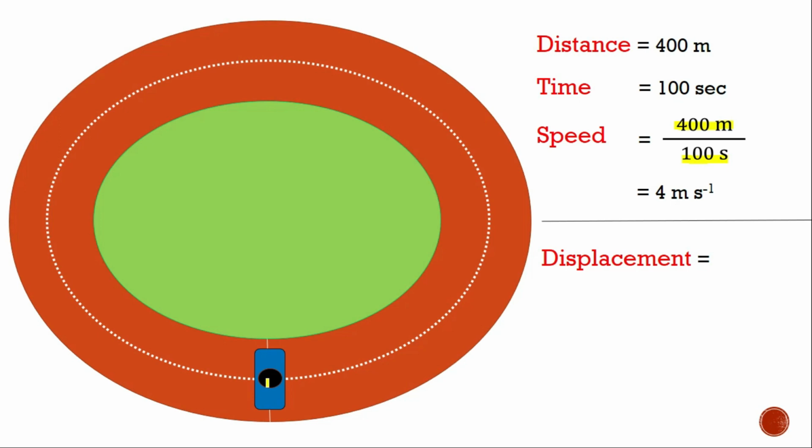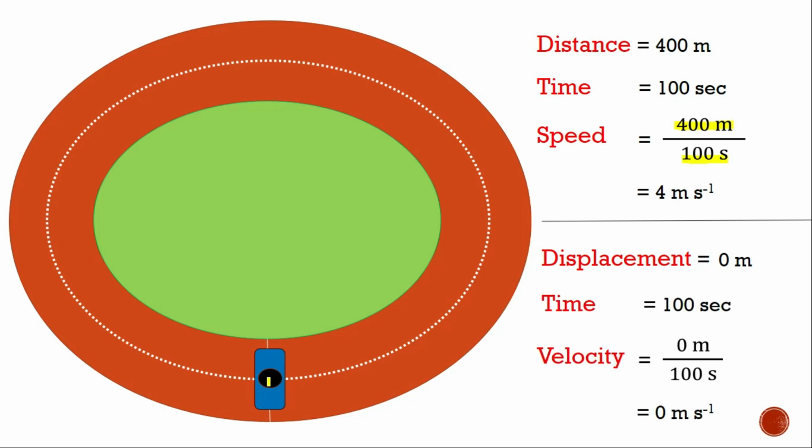So here, your initial and final position is the same, which means that your total displacement here is 0 because you are back again to the same position from where you started. So here your velocity will be 0 meter per second, as 0 divided by anything is 0 itself.